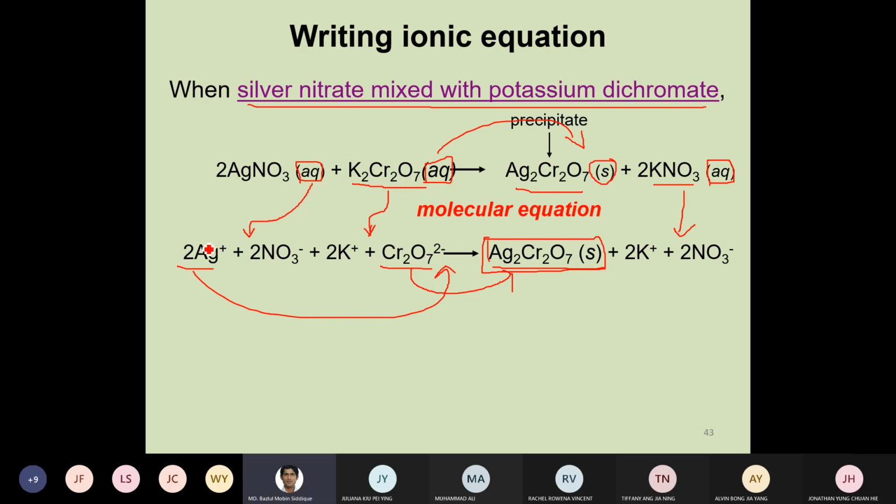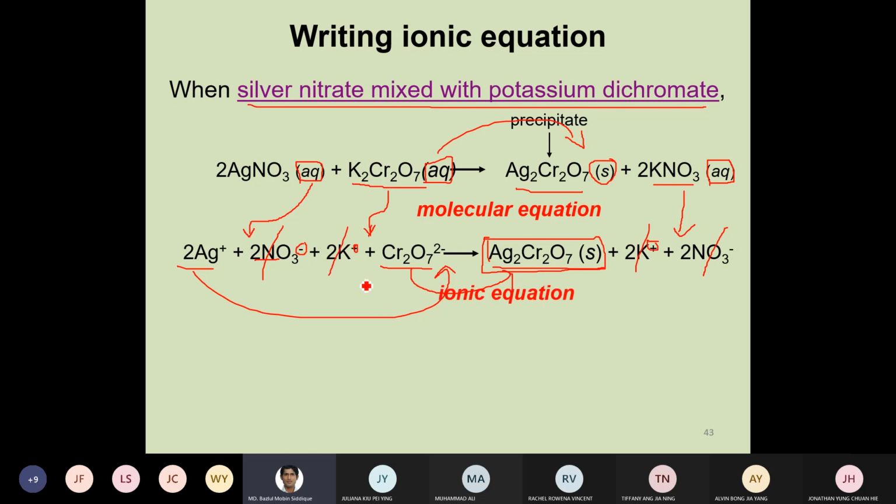But this nitrate ion, here it is one negative charge, and it is in aqueous form. The same thing, it is not doing anything. It is on both sides. It is just staying the same way. Potassium and potassium in the same way. So these two will be cancelled out.